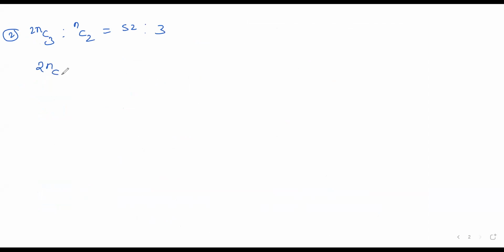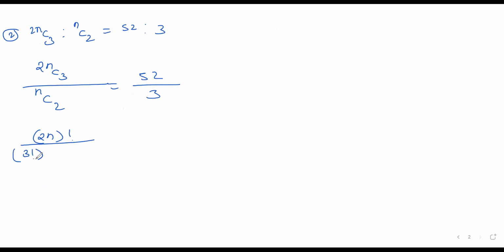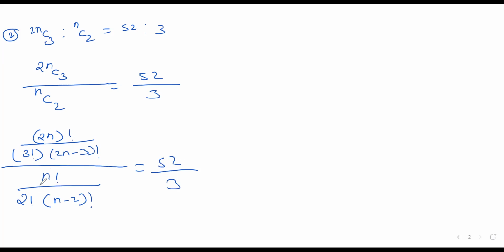This is 2nC3 upon nC2 is 52 upon 3. 2n factorial upon 3 factorial, 2n minus 3 factorial, whole thing upon n factorial upon 2 factorial, n minus 2 factorial is equals to 52 by 3.